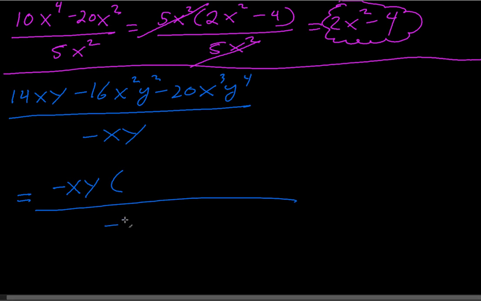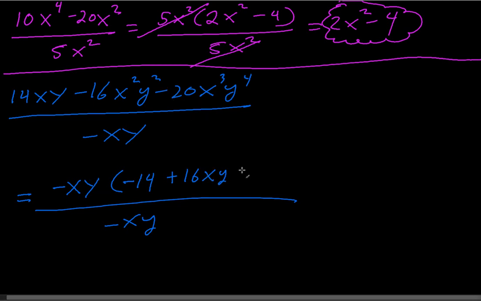So if I factor out negative xy, what am I going to leave behind? I'm going to have to change the sign of 14, so I can just write negative 14. Now this is already negative, so I need to make it positive. I have x squared, so I need to write an x, and I have y squared, so I have to write a y, because when it distributes back, it would be x squared.